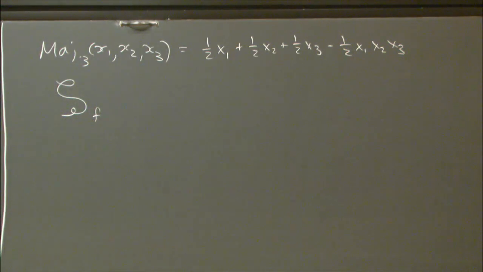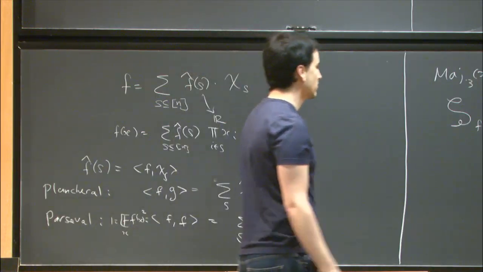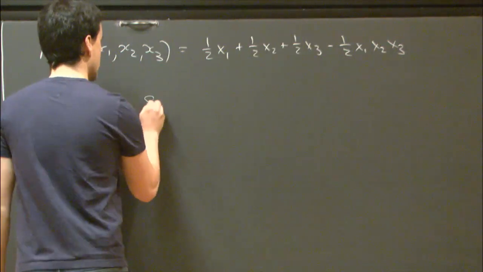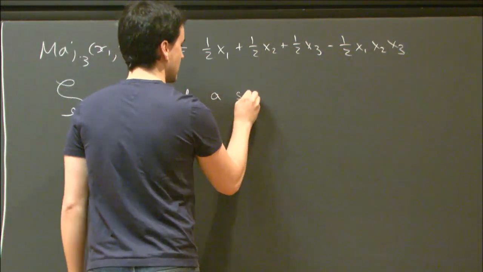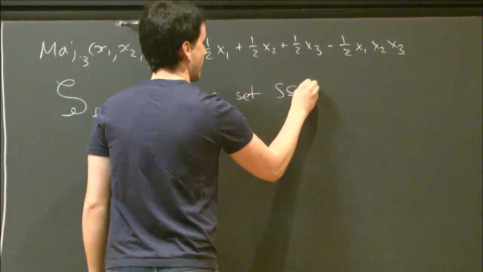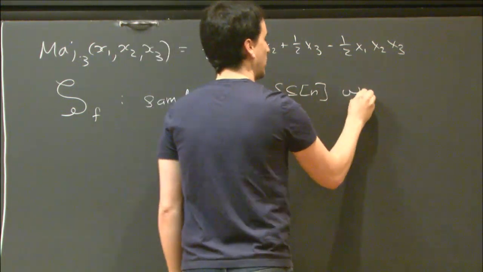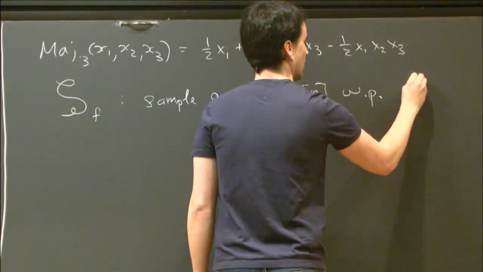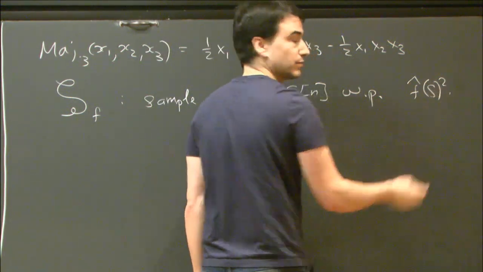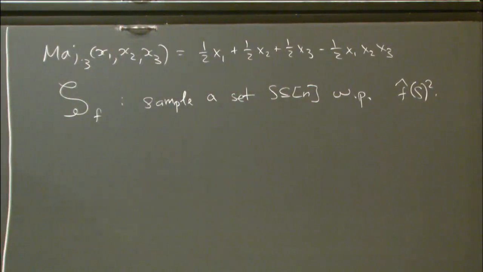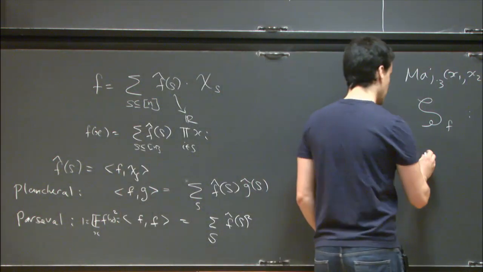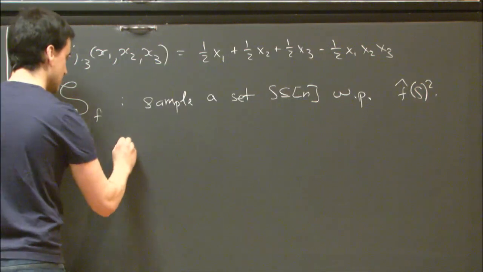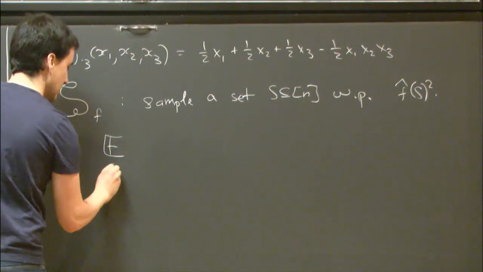Each function has different coefficients. In this distribution, we sample a set S with probability f̂(S) squared. And now we may ask several questions with respect to this distribution. One thing that we can ask is, what is the expected size of the set?